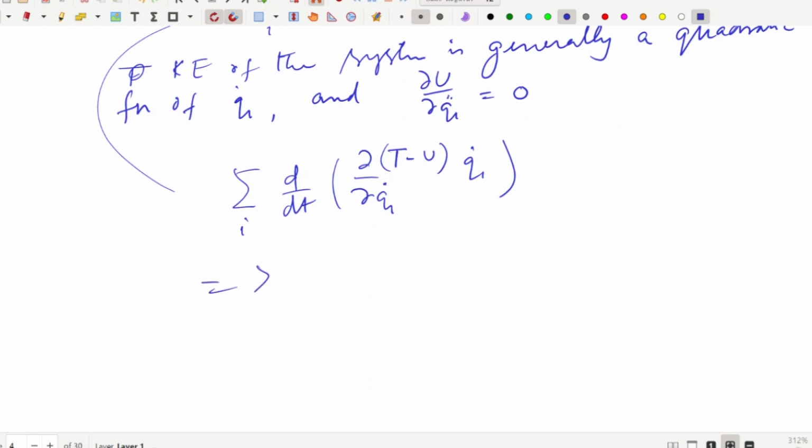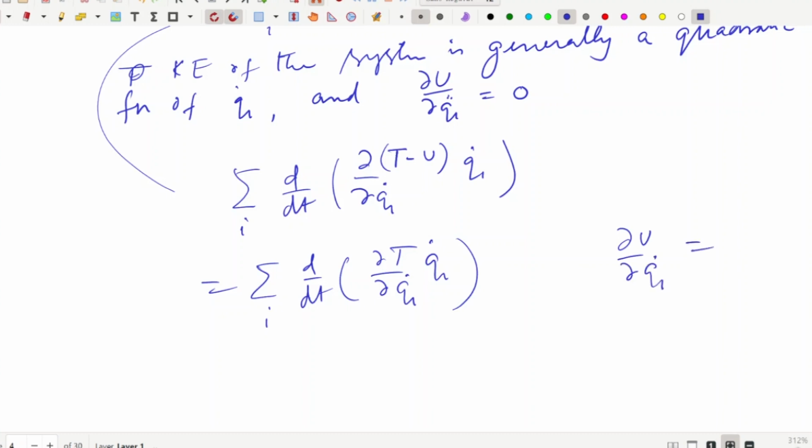Now, this is the sum over i of d/dt of del T/del q_i dot times q_i dot, because del U/del q_i dot equals 0, as I mentioned for a conservative system.